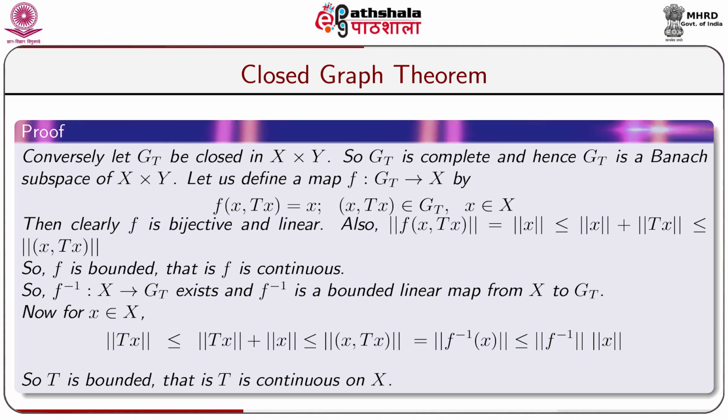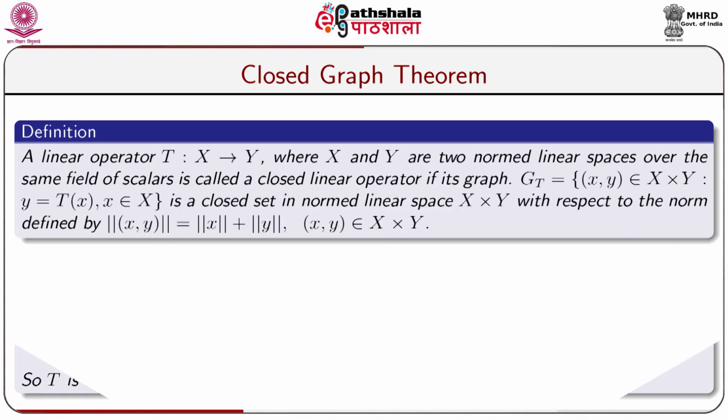Since F inverse is bounded, norm of F inverse x is less or equal to norm of F inverse into norm of x. So T is bounded, because we have calculated that norm of Tx is less or equal to norm of F inverse into norm of x. As norm of F inverse is bounded, norm of Tx is bounded, and hence T is bounded, that is T is continuous on capital X.